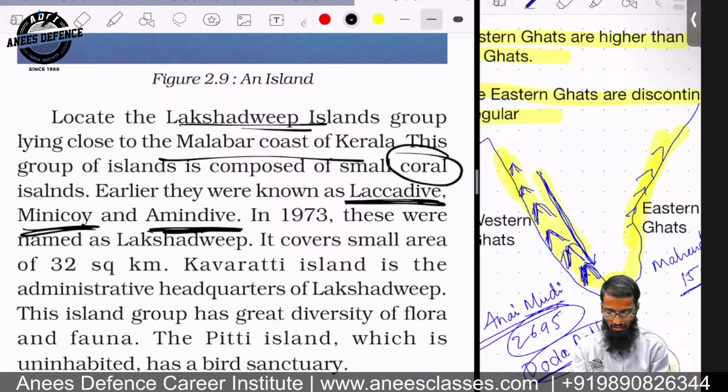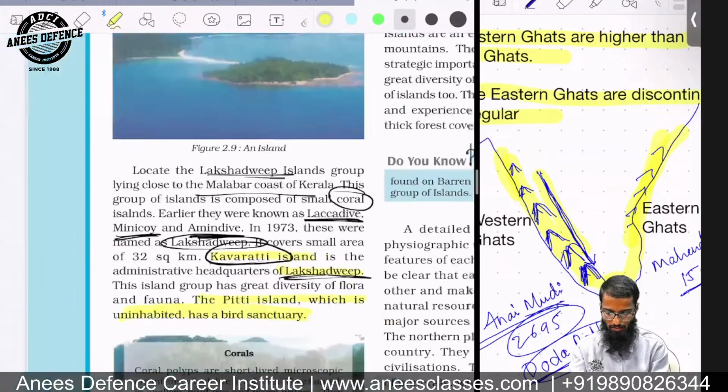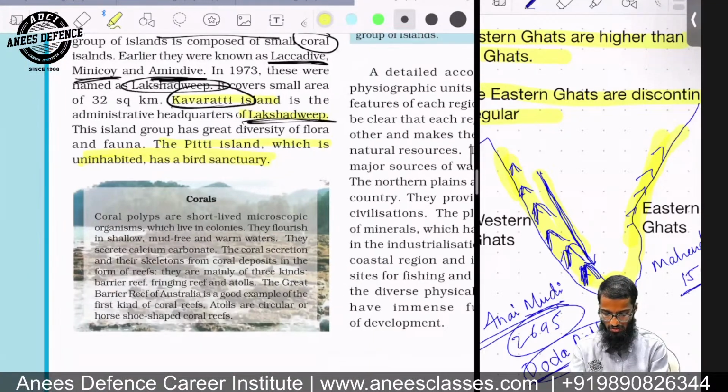In 1973, they were renamed Lakshadweep. Kavaratti Island is the administrative headquarters of Lakshadweep. Pitti Island has a bird sanctuary.